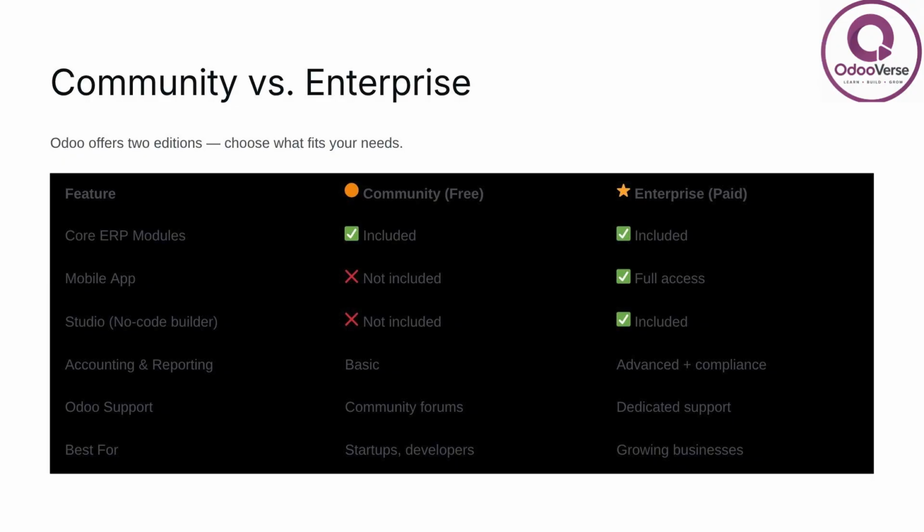Community Edition is best for learning and customization, while Enterprise Edition is more suitable for growing businesses that need advanced features and official support. So depending on business needs and budget, companies can choose the edition that fits them best.